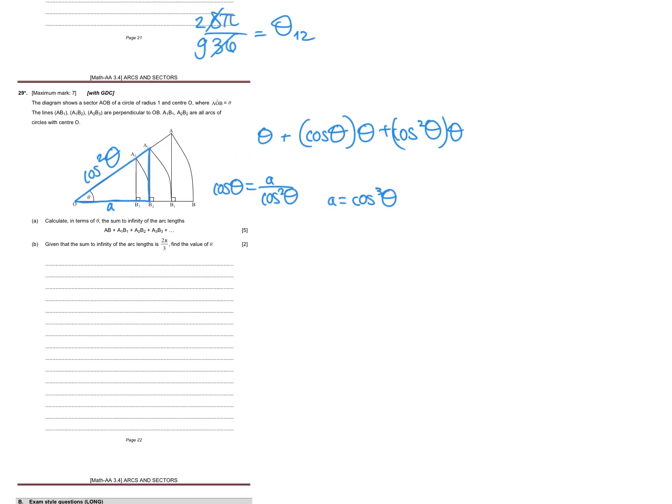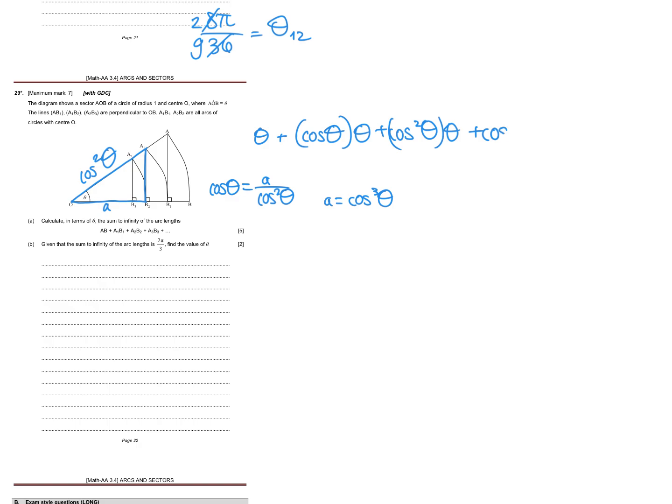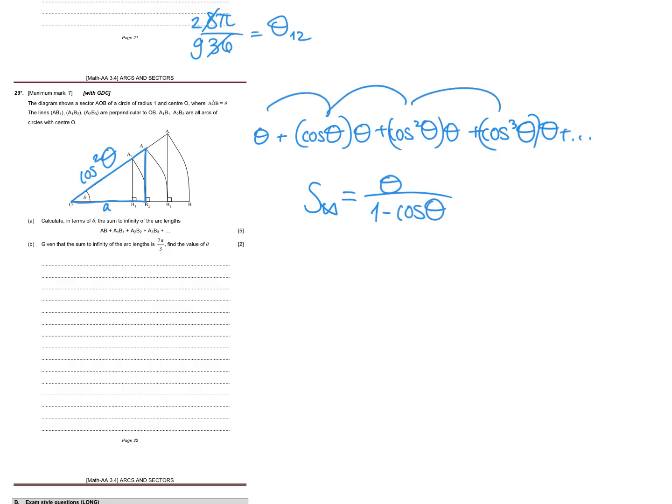That's our new radius, and that's times theta, and dot, dot, dot. Okay. So calculate in terms of theta the sum to infinity. This is geometric, where u1 is theta and r is cosine theta, because we're multiplying by cosine every time.